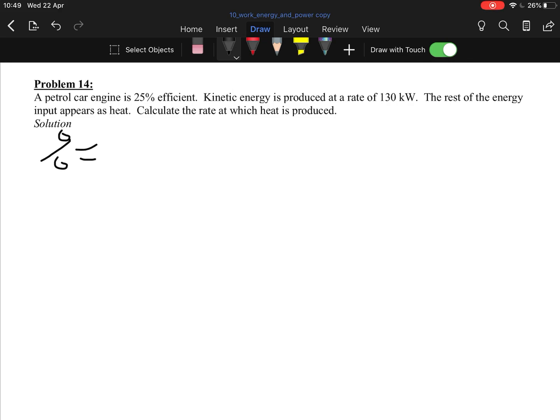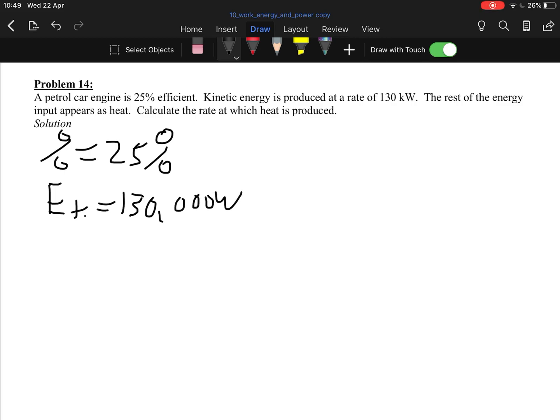A petrol car engine is 25% efficient. So this time, it's slightly different. 25% efficient. That's incredibly low and terrible. Kinetic energy produced, so EK, is 130 kilowatts, 130,000 watts.